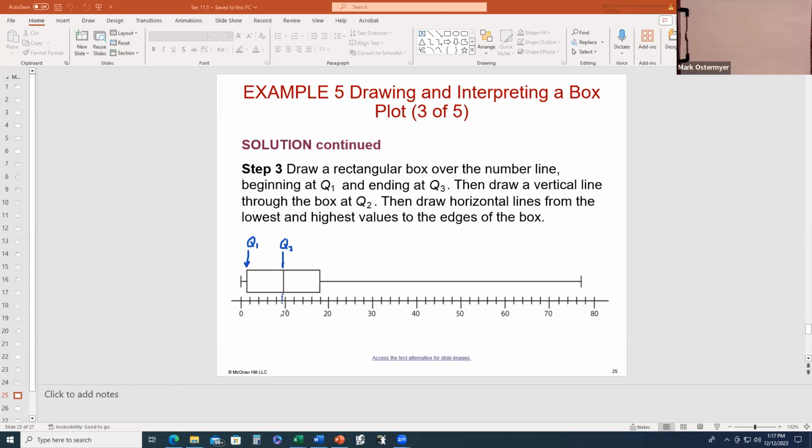The third quartile, which is 17.9, would be right here. That projects down to about 17.9, very, very close to 18.